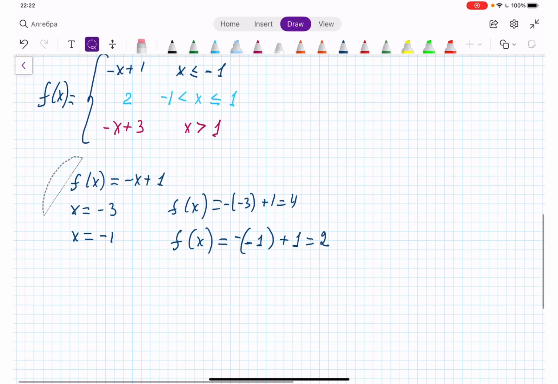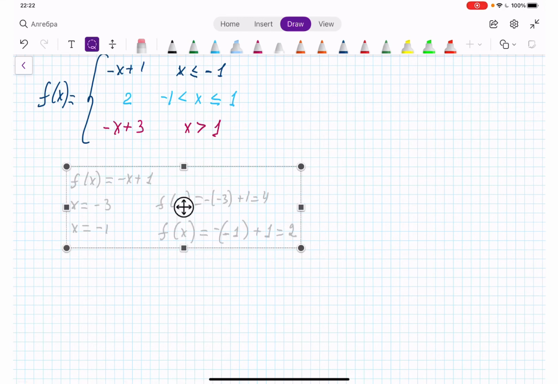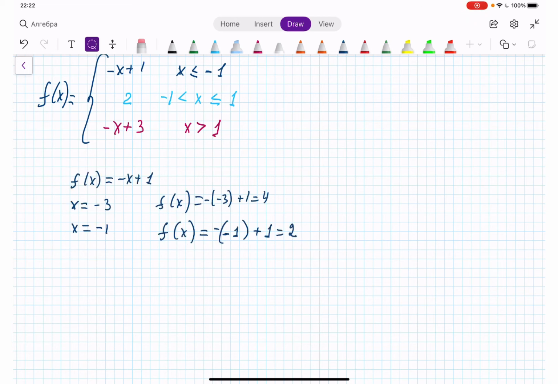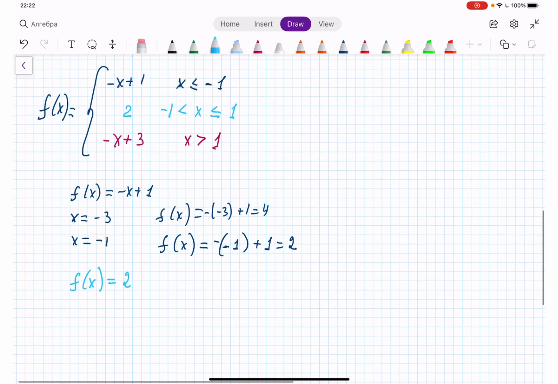Let's do the second one. f of x is equal to 2. So domain is going to be x greater than negative 1.